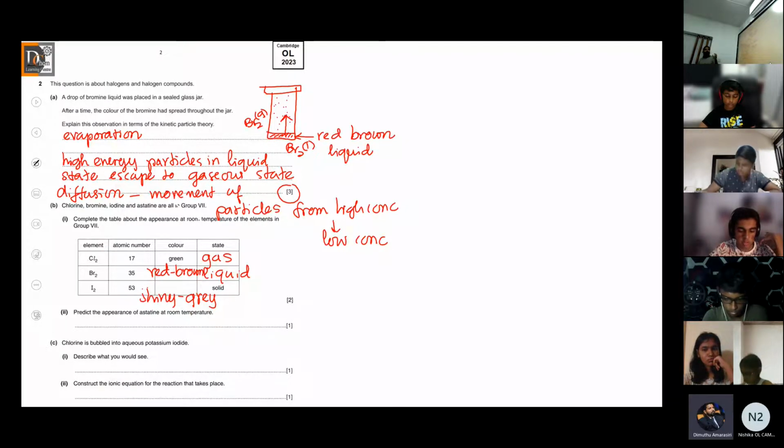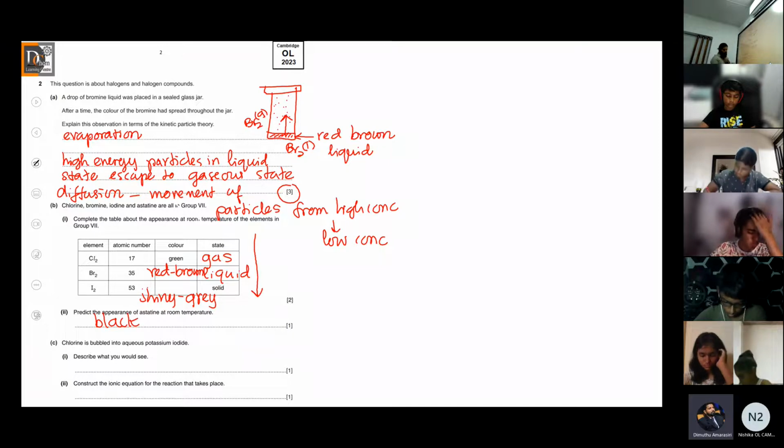But solid iodine is a gray shiny solid. Predict the appearance of astatine. Now you can see going down the group, green became brown, brown became shiny gray, so then it's going to be black, because the color goes dark down the group.